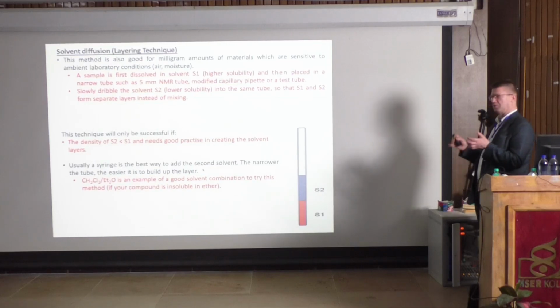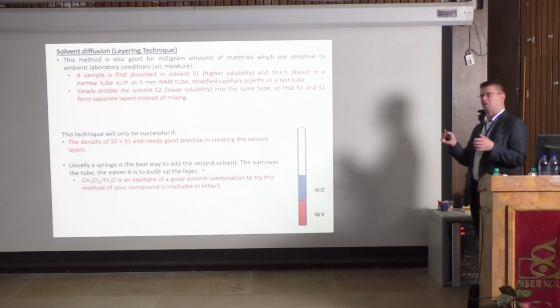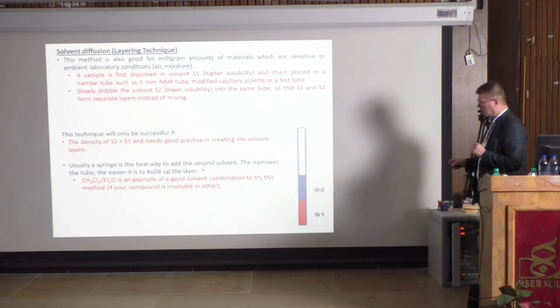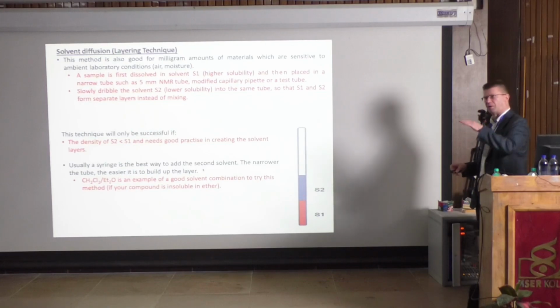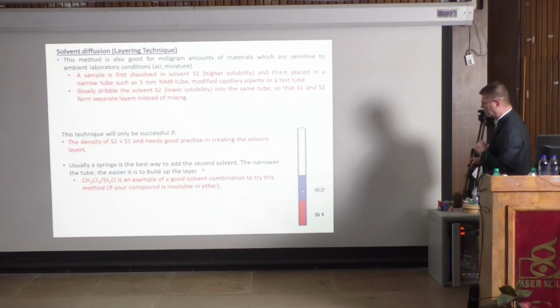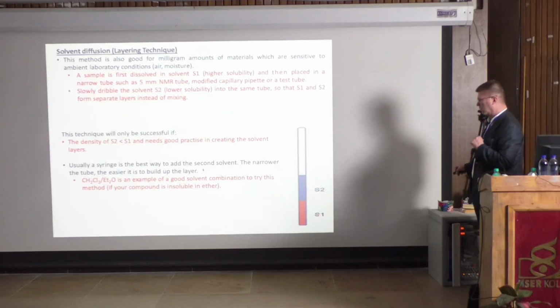This is a very sensitive technique, and it doesn't tolerate movement at all. It's easy to understand, because we want this to remain calm. What happens here is that S2 starts to diffuse into S1. So the local solubility of our target in this area will go down, because our target is not soluble in S2, it's only soluble in S1.